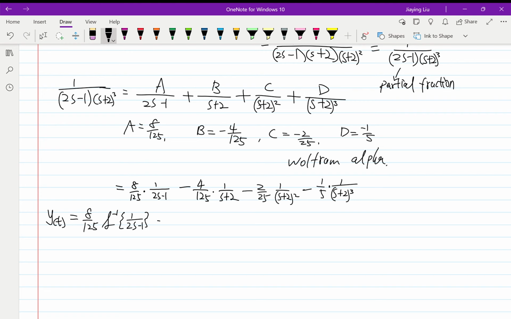Then we have minus 4 over 125 inverse Laplace of 1 over s plus 2. And then minus 2 over 25 inverse Laplace of 1 over s plus 2 squared. And then the last one is minus 1 over 5 inverse Laplace transform of 1 over s plus 2 cubed.